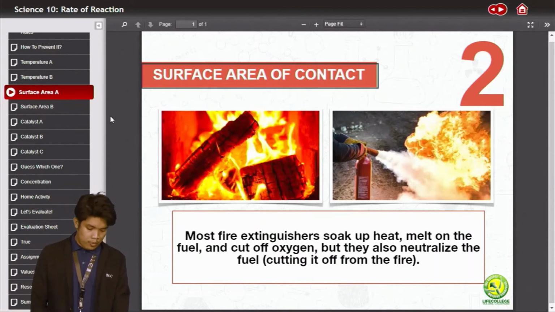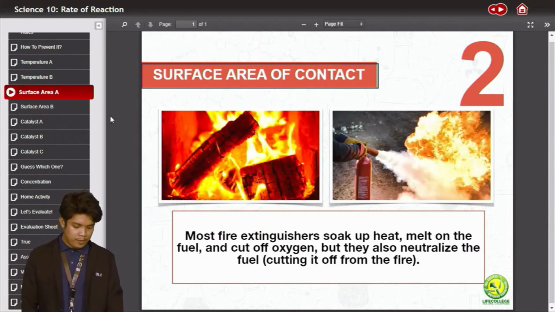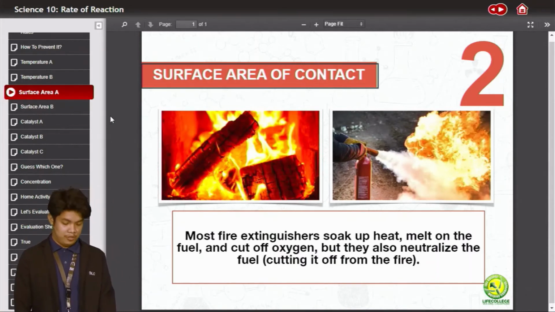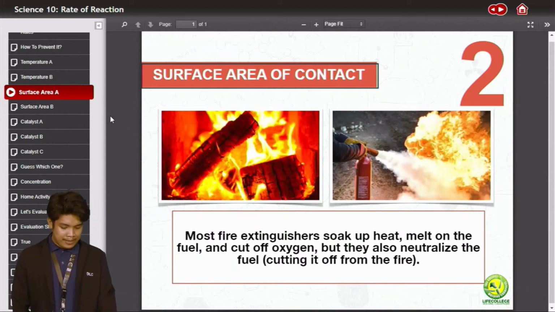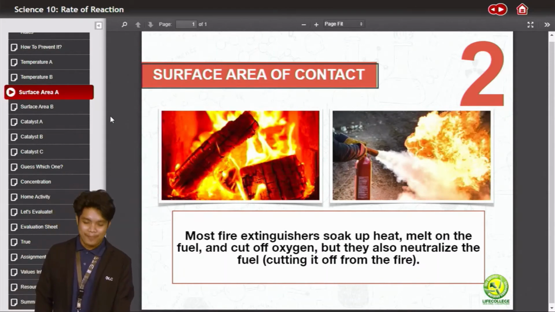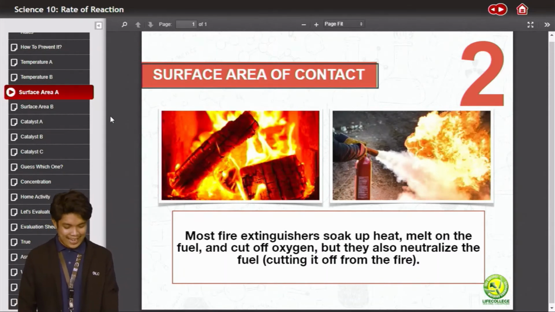So, what could be one of the ways to stop the combustion? You can answer right now in our forum. K said, by limiting or hindering the contact between oxygen and fuel. Excellent. That's what fire extinguishers do.